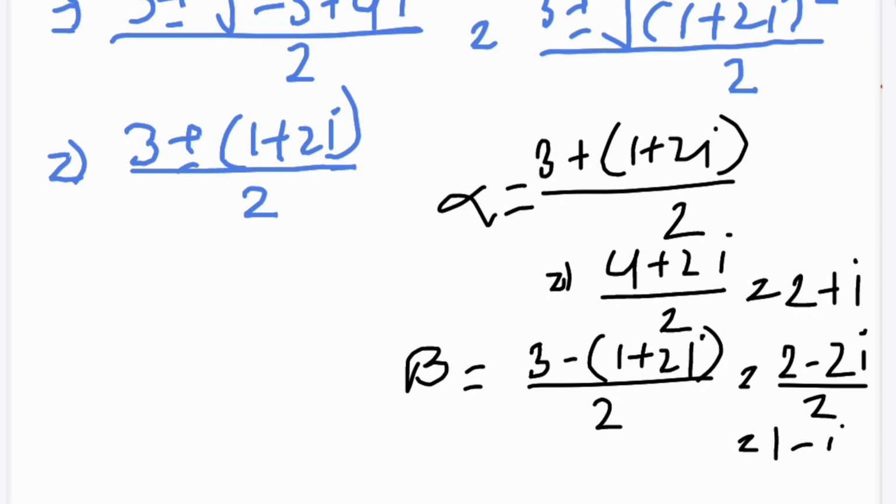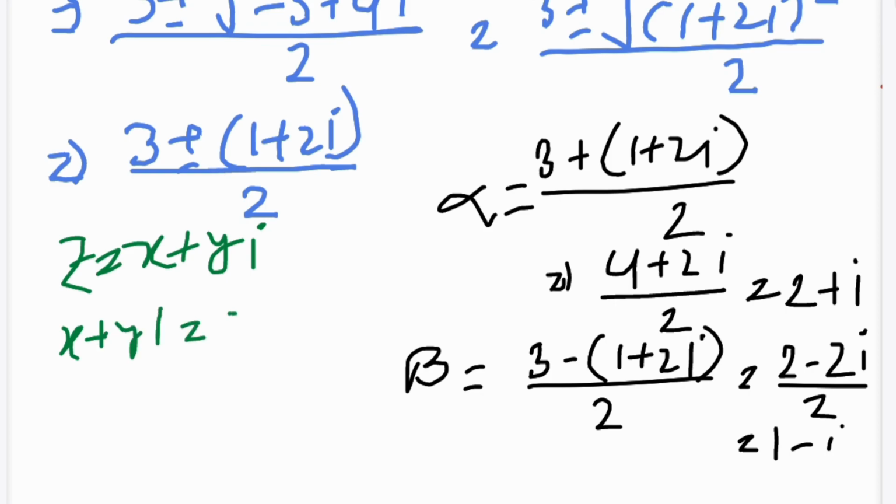And as z was x + yi, and there are two roots, definitely we can say x + yi = 2 + i. From here we can compare the real and imaginary parts. So the pair x, y is simply (2, 1).